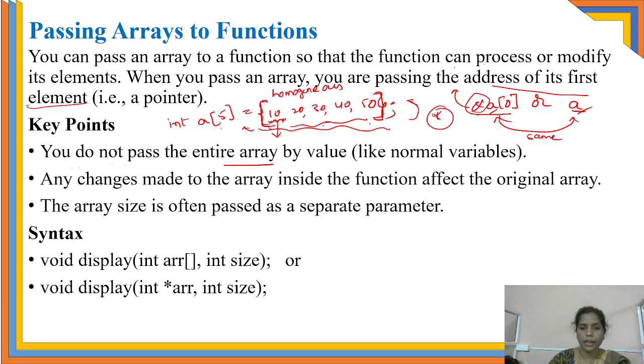We are just sending the first element's address. For example, a function called display, the return type is void, with int array and int size. This is the function declaration. You can write like this or like this, with int pointer, because the address will be passed.